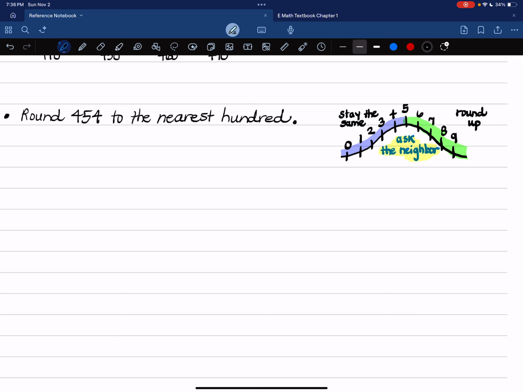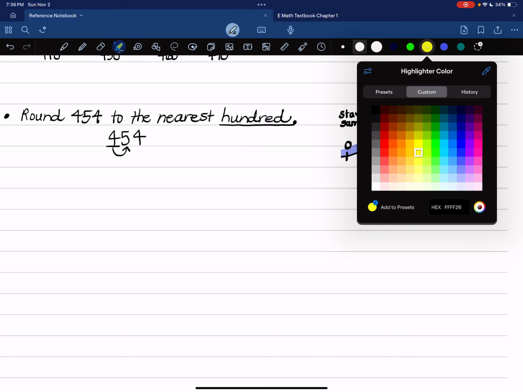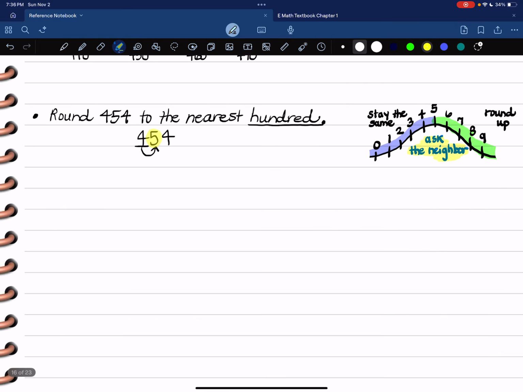4, 5, 4. And the place we want to underline is the hundreds place. And that's this first place we see. As soon as you underline, draw your arrow to remind you to go to the neighbors. And then look at your neighbor.